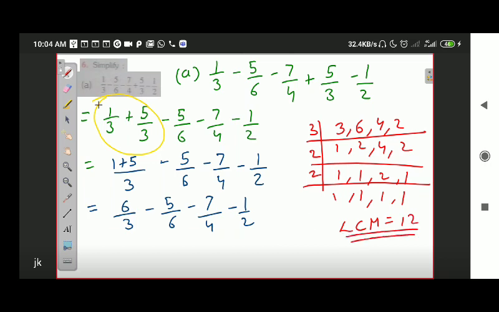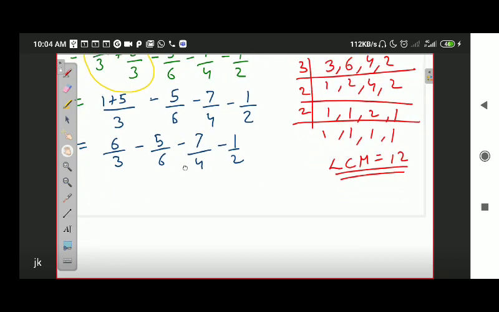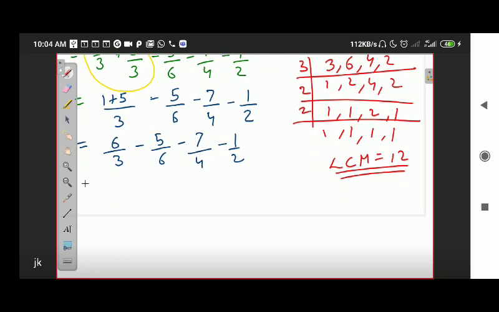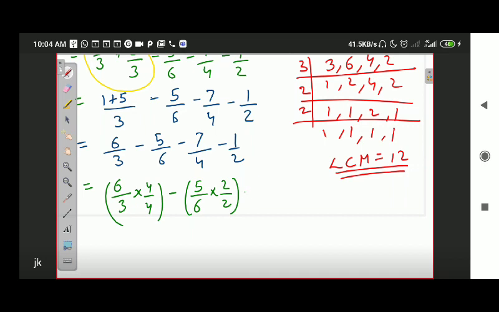So we need to convert each of the denominators into 12. Okay, so this will be 6 upon 12, that is 3 4s are 12, 4 upon 4, minus 5 upon 6 into 2 upon 2, minus 7 upon 4 into 3 upon 3, minus 1 upon 2 into 6 upon 6.